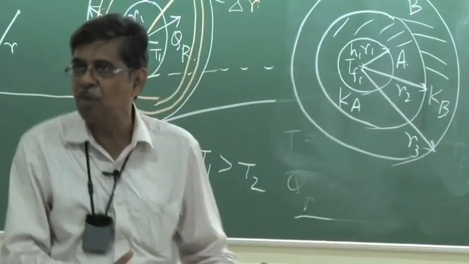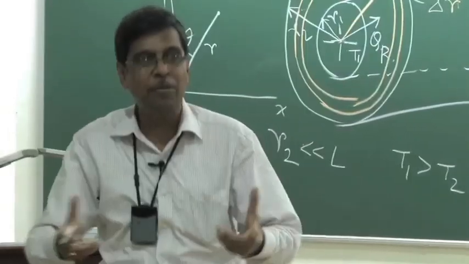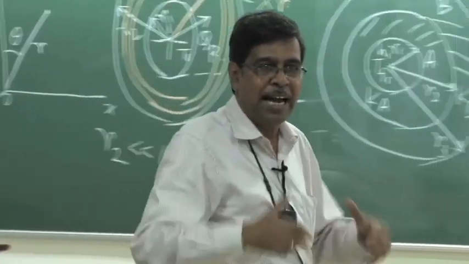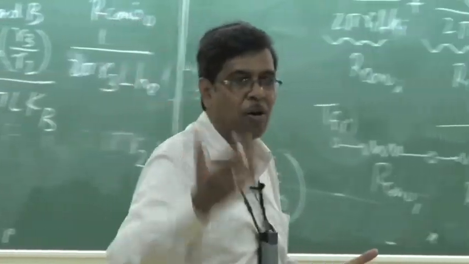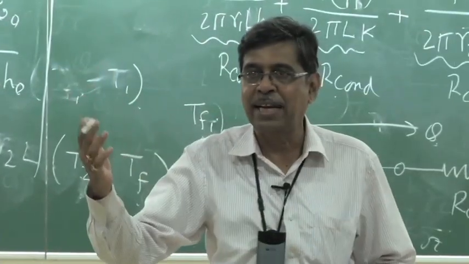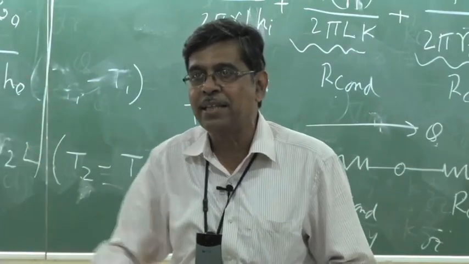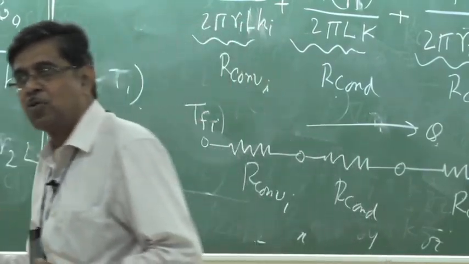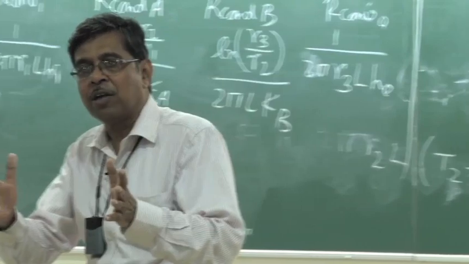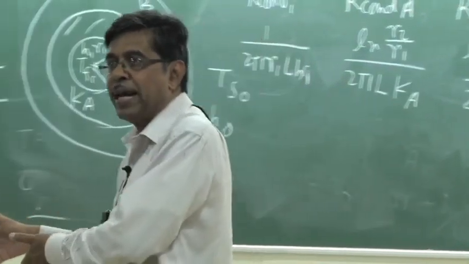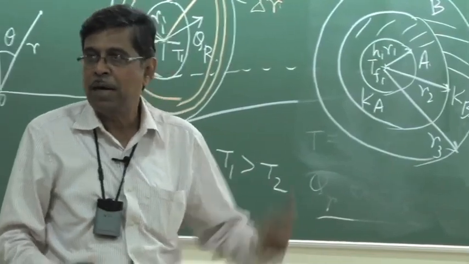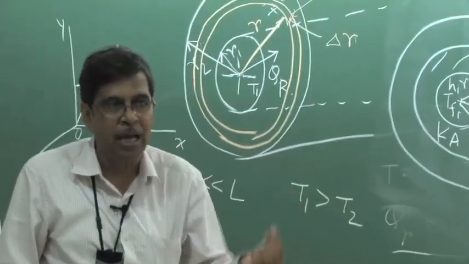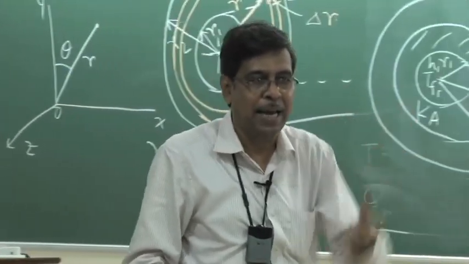But in cylindrical coordinate system, because of the coordinate system itself, the area is inherent within the coordinate system, that the area normal to heat flow, for example in the r direction, is varying with r, it is directly proportional to r. So therefore, from the general heat conduction equation, if you take the special form, it will be same as you deduce by taking a simple one-dimensional element, Q_r and Q_r plus del r, like that.